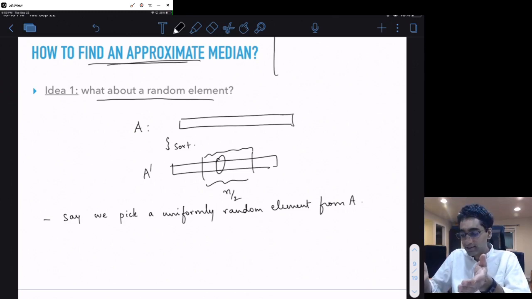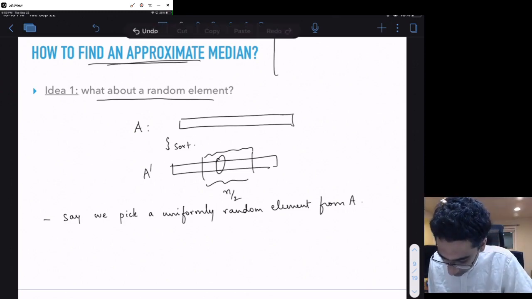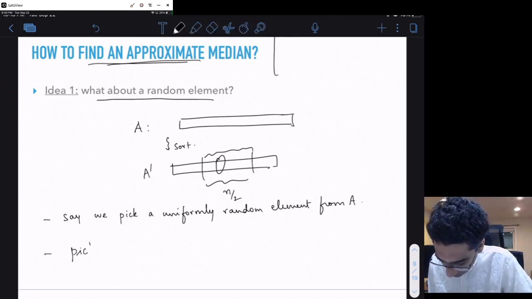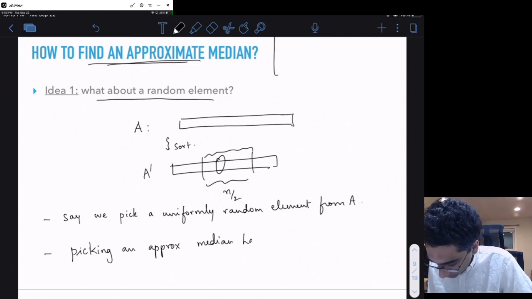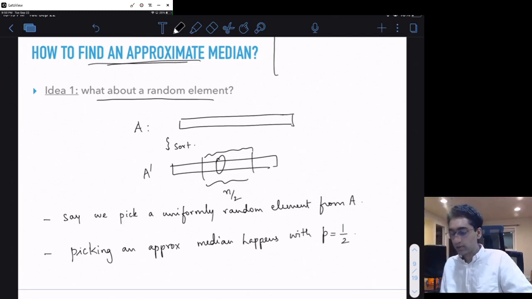Note that as long as I'm picking something uniformly at random, it doesn't matter if I pick from the sorted array or the unsorted array. So that's the reason picking an approximate median happens with probability equal to half.